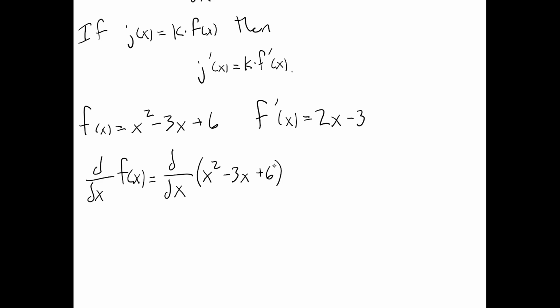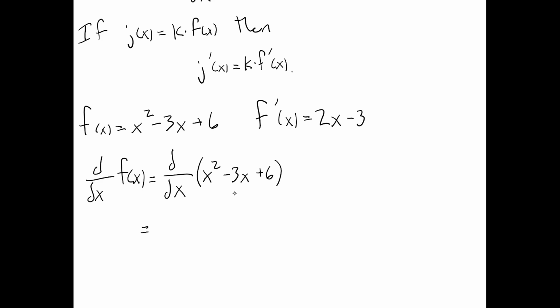They're defined with two things, but if I have multiple things, then in this example, this is our first piece and this is our second piece. So we can use the difference rule to say this is the derivative of x squared minus the derivative of 3x plus 6, and we can just distribute this all the way through.